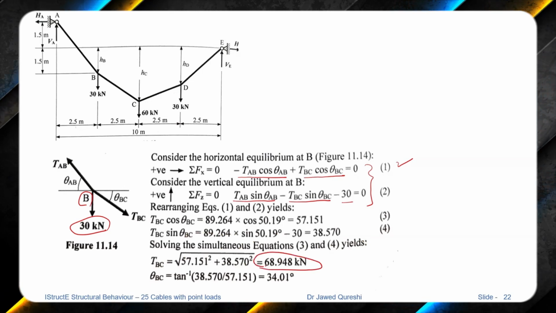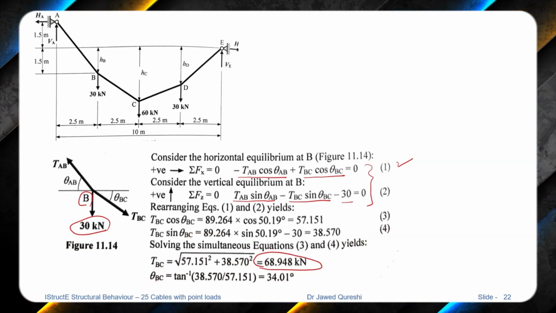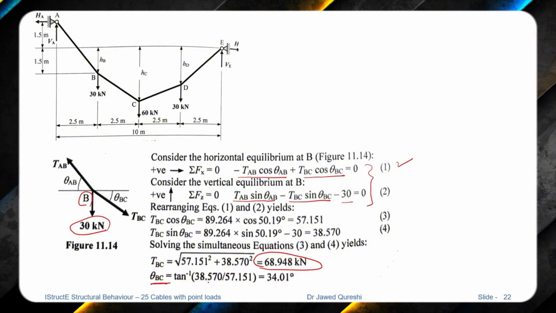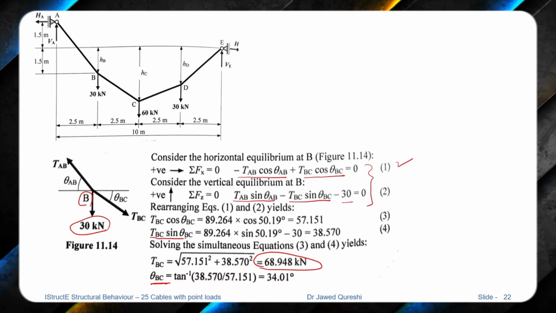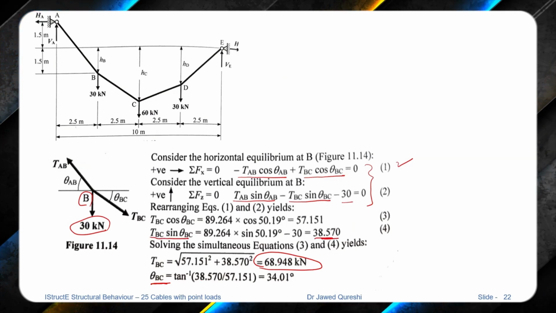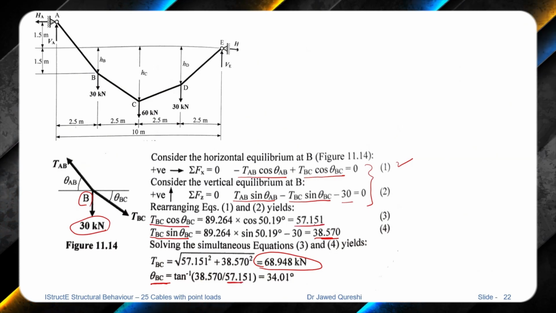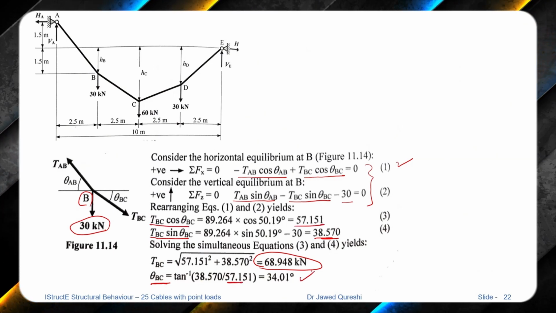From here we work out the values of tension. Once we have these values, we work out theta BC, which is the vertical force, TBC sin theta BC, 38, divided by the horizontal force, which is here. From here we work out the angle.